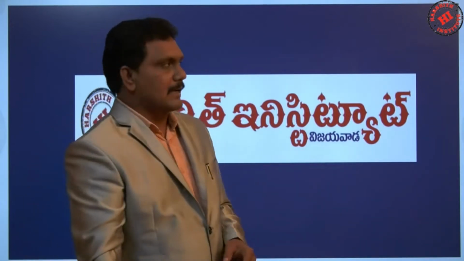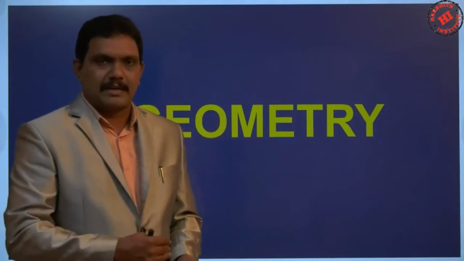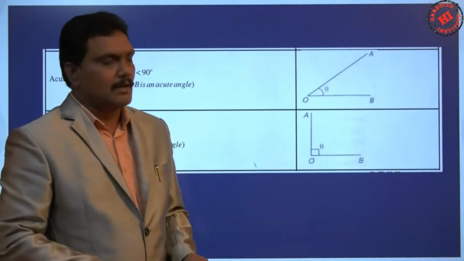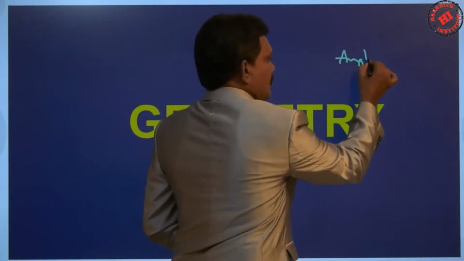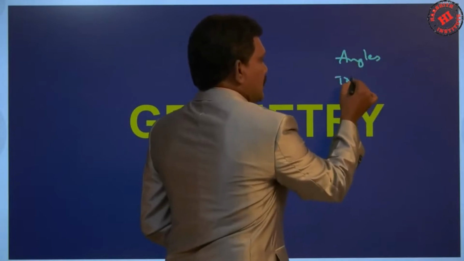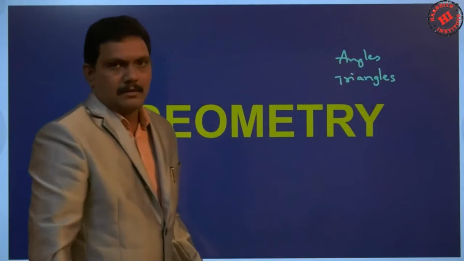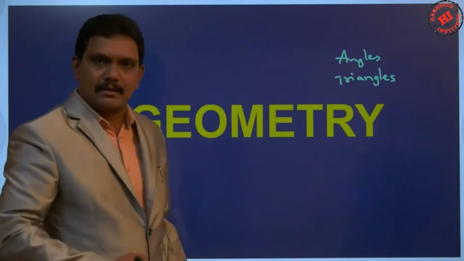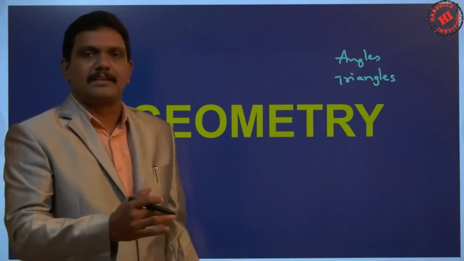So the present chapter consists of geometry. It has different types of parts. Therefore, we are going to explain types of angles, right? Geometry consists of angles, about triangles. The major part of this chapter is triangles, right? Students, we are going to practice a good number of questions on triangles, around 60 to 80 problems.